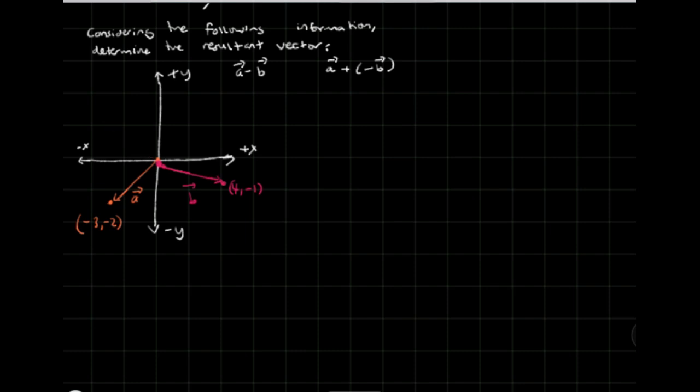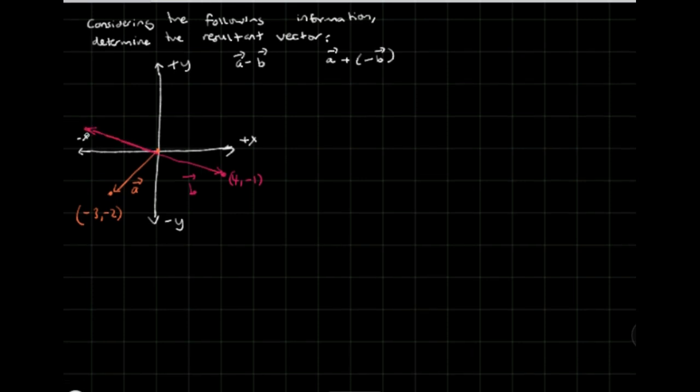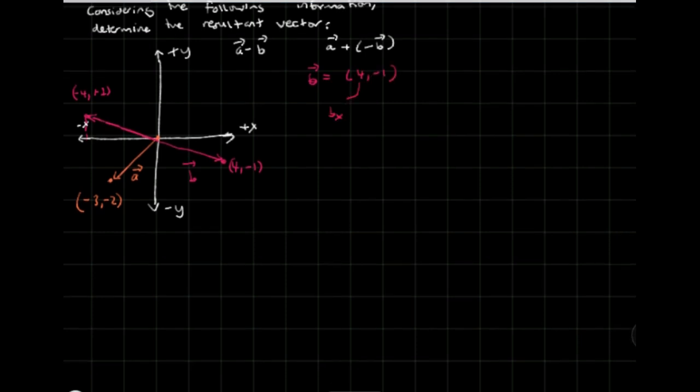It should kind of look like that, and it should have the coordinates negative 4 and positive 1. You can see how the components work. If vector B is written as 4 and negative 1, its x component is 4 and its y component is negative 1.